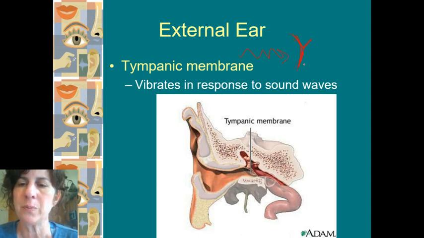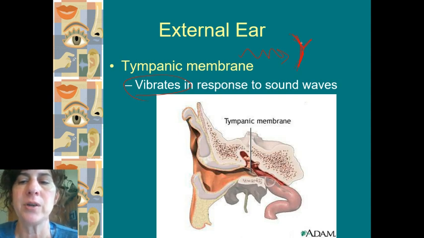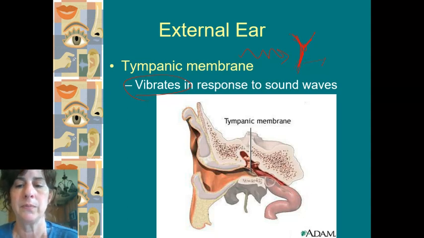This is the first point that takes those sound waves and makes them physical. So they become a vibration, a physical vibration, and then they're going to vibrate against everything in what is now going to become the middle ear. So the tympanic membrane is the end of the external ear, the beginning of the middle ear. Okay.